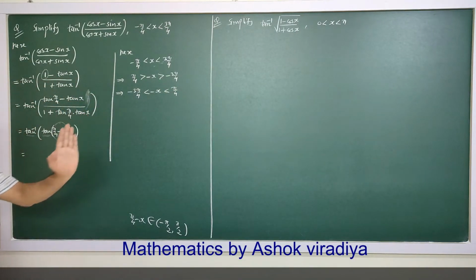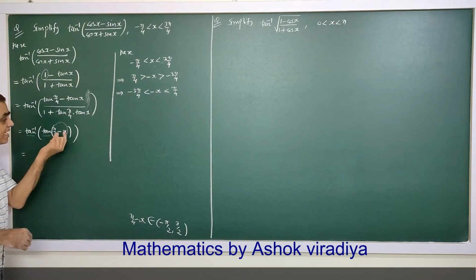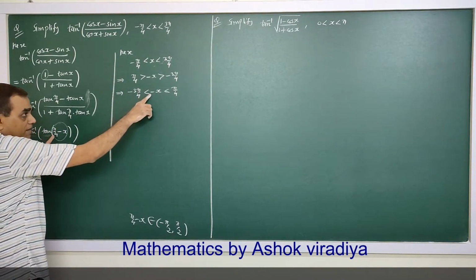Now minus x is created, and we want to add pi by 4.